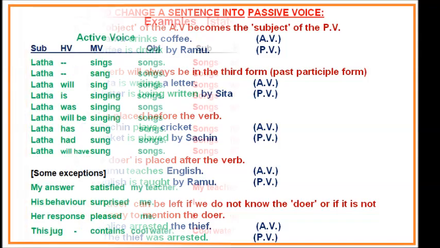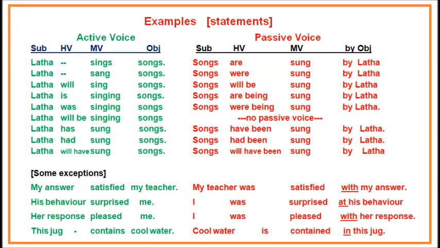Now look at some examples of active voice and passive voice. A comparison table is given here, children. Tense wise, how the sentences are transformed from active voice to passive voice. First one, Lata sings songs. It's in present simple tense. If we change to passive voice, songs come to subject place.